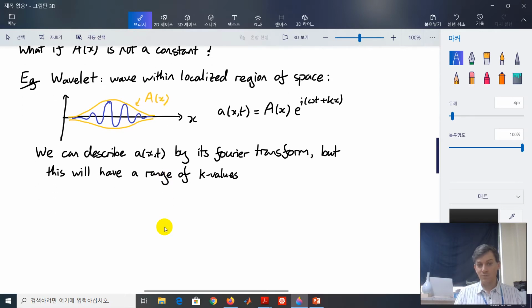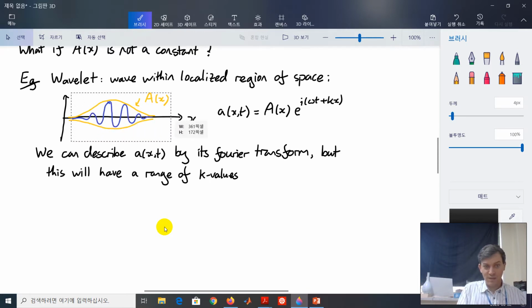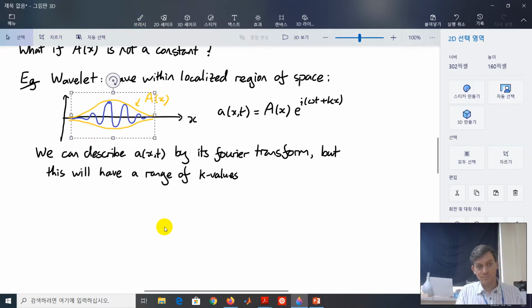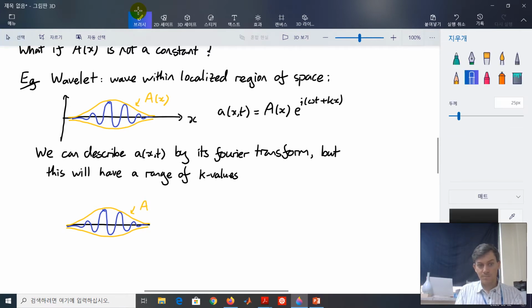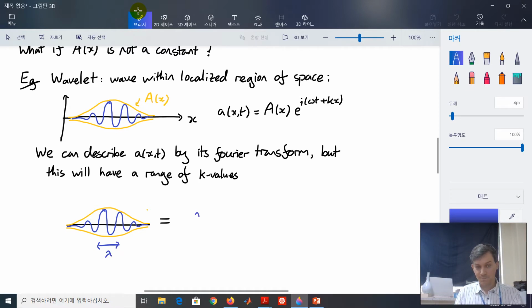Okay, so what I mean by that in terms of a picture is if we take this original wavelet here, then we can say that this is equal to, firstly, a plane wave which has exactly the same wavelength as the original wave here. So we try and get it about the same. Like this, okay.